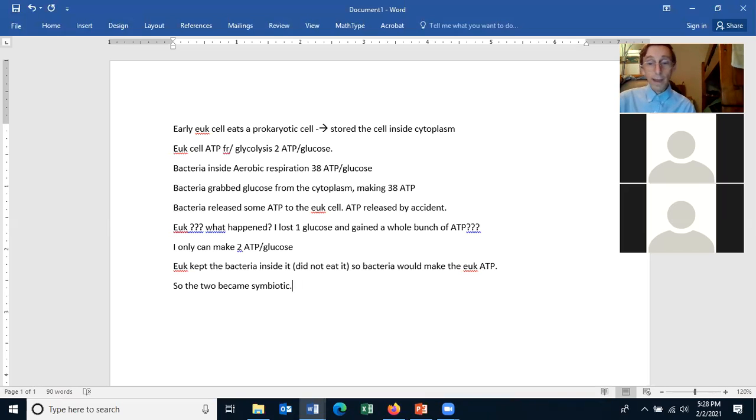The two have now lived so long together in symbiosis that we no longer find the bacteria outside of a eukaryotic cell.